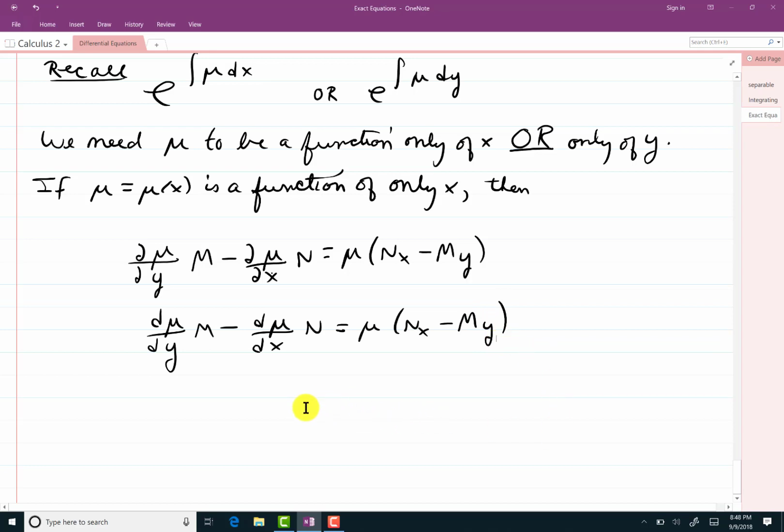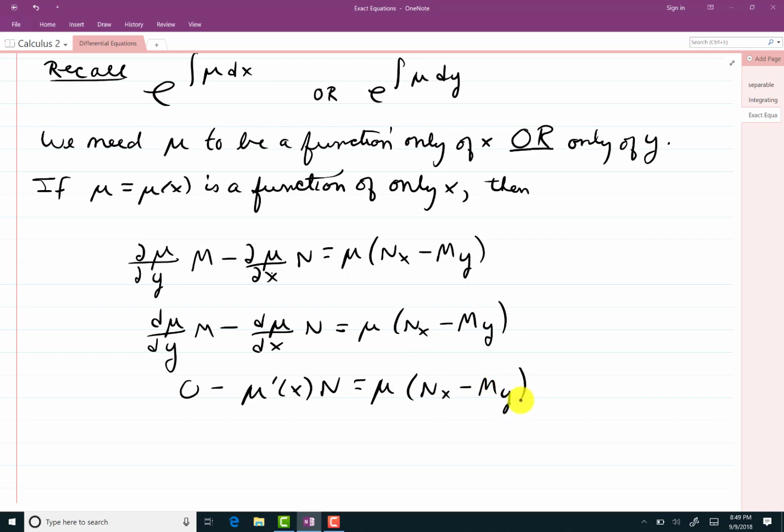So what do we have then? If it's a function of only x, then d mu over dy is 0. So I have 0 minus, I'm going to call it mu prime of x, times n will equal mu times n sub x minus m sub y.